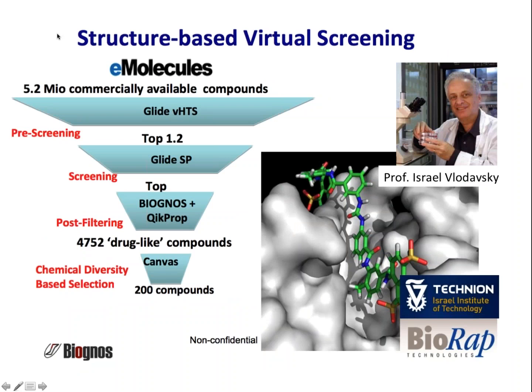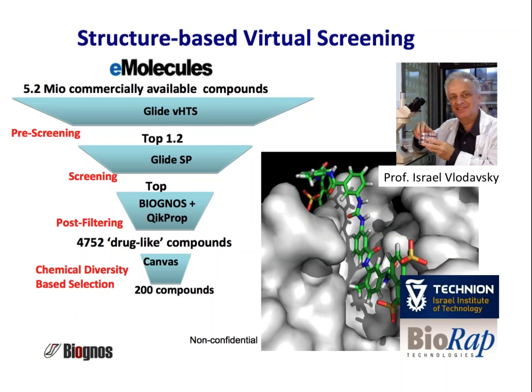We actually used that kind of approach for finding active compounds against a carbohydrate target. Professor Israel Ladavsky from Tel Aviv in Israel asked us to screen the e-molecules database of 5.2 million commercially available compounds against his freshly crystallized heparinase.